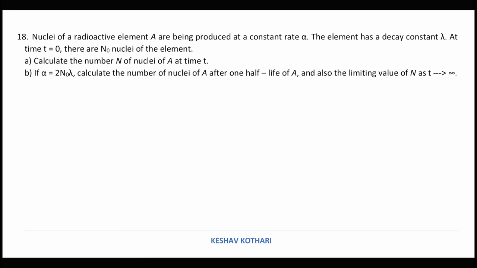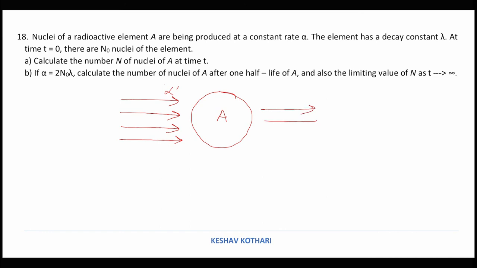So for this one, the question is stating that a radioactive nucleus of A is being produced at a constant rate alpha, and then the rate of decay is equal to lambda times n.